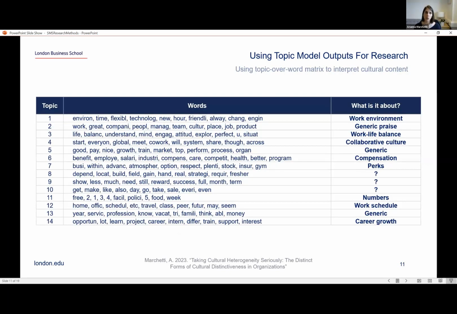And then by looking at the top words that are associated with each topic, I can also interpret those and try to get an understanding of the content that people are talking about. So this was just, from my own research, a very quick overview of what a topic model does and how you can use the output to build variables. I gave you the specific example of culture, but I will have a slide at the end. You can use it in very, very different contexts, disentangling the content and the configuration in the same way.